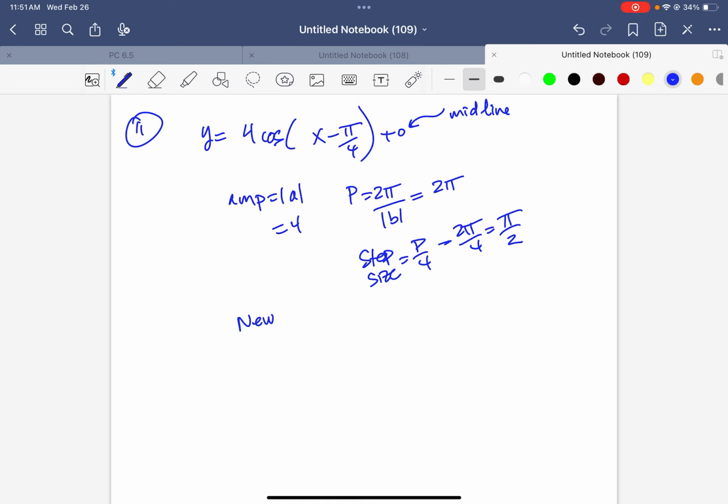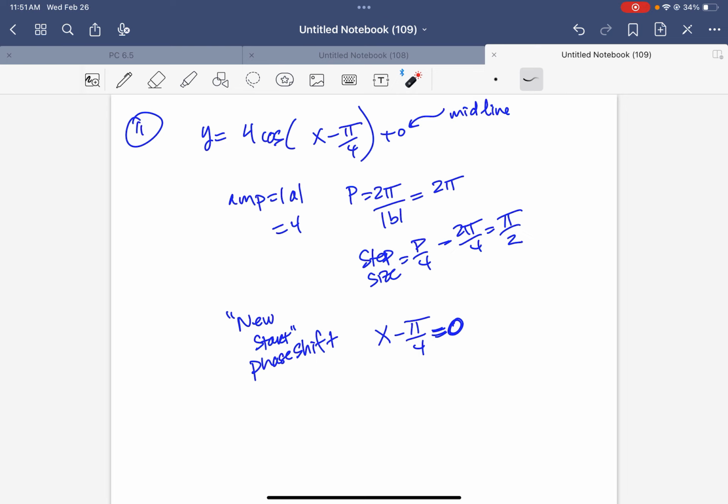So new start. My new starting value is going to be where are my inputs, it's also called your phase shift. So my new starting value or my phase shift is going to be where do these give you 0? Because when all of this is 0, then cosine will think it's getting 0 and it can start. And so it's now going to be at pi over 4.